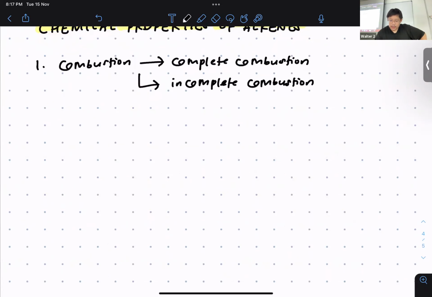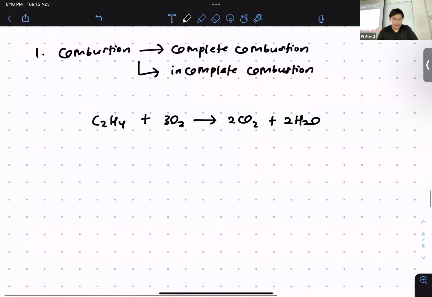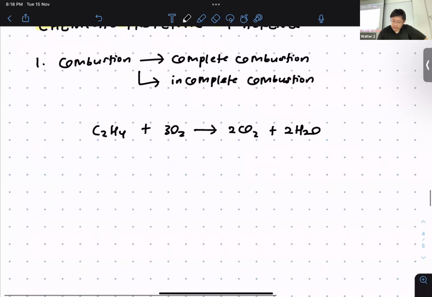So I'll give you two equations over here. Let's just talk about ethene. The combustion of ethene in excess oxygen will technically yield carbon dioxide and water only. So this is the complete combustion chemical equation. And then for the incomplete combustion, you'll get a different outcome. There's a chance that you get carbon deposit, just soot.